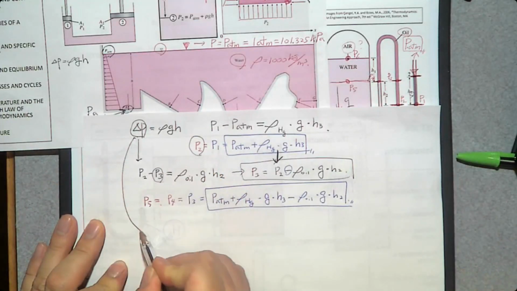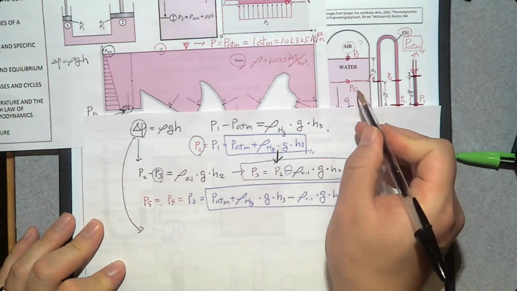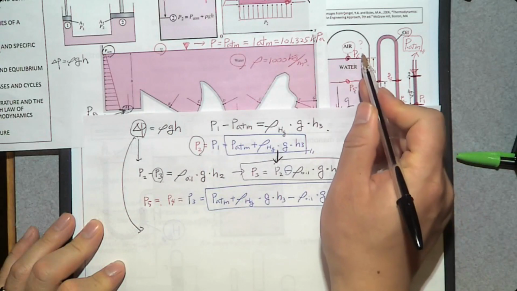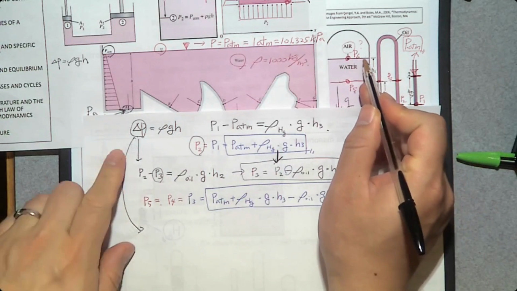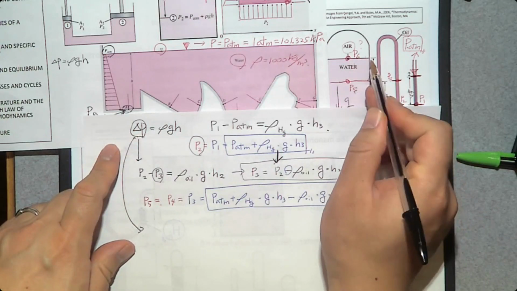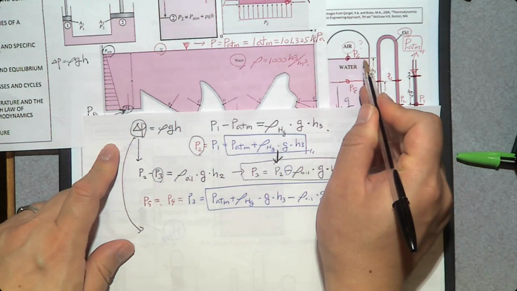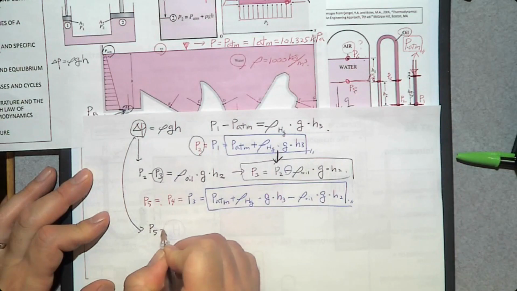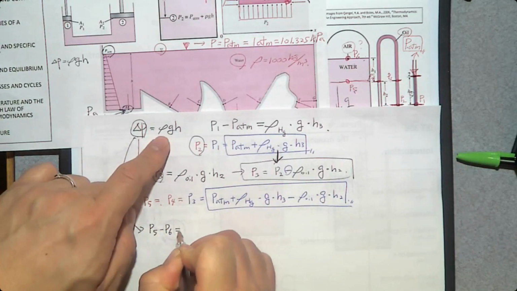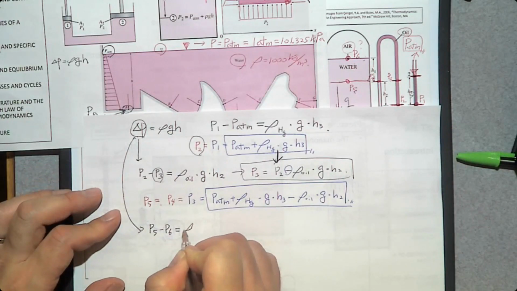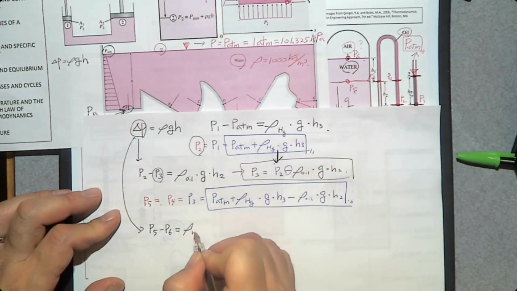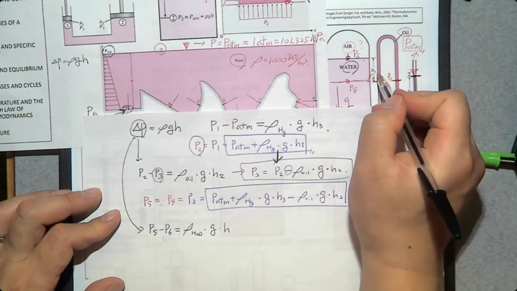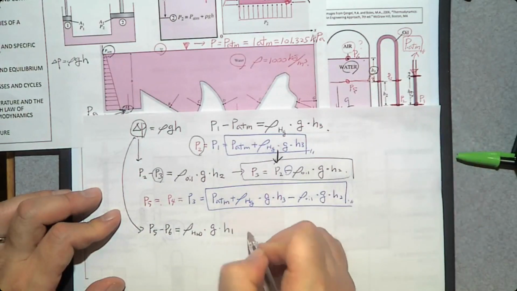This time I'm going to apply this one more time. Between P5 and P6, we know P5 is greater than P6. So delta P should be P5 minus P6, not P6 minus P5. So P5 minus P6 is rho G H, density of what? Water, H2O, times gravity times H. What kind of H? H1.